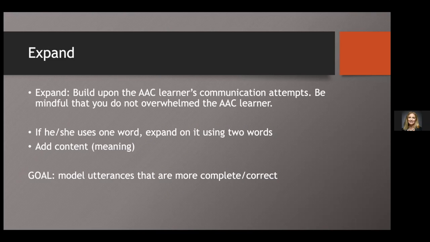Making sure that it's within that realm of the vocabulary just to expand. And again, this is really important, especially for those partial verbal kids that need AAC to augment their communication, because this is going to help them go from a 2 word to a 3 word phrase or sentences.